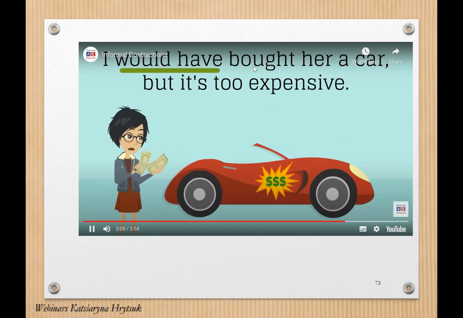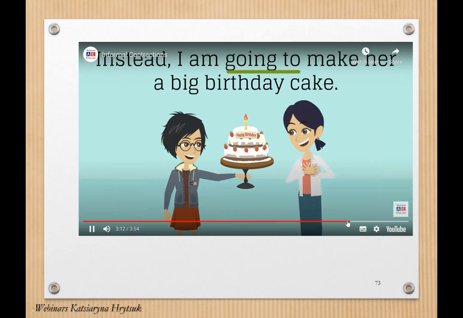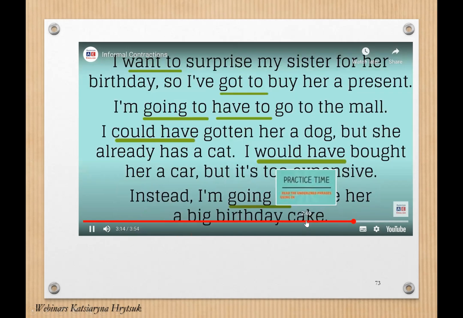Okay, how would you change it? So when you watch the video again, please use this practice time. But this one, I would like you to hear. I want to surprise my sister for her birthday. So the first sentence, please, Lera.